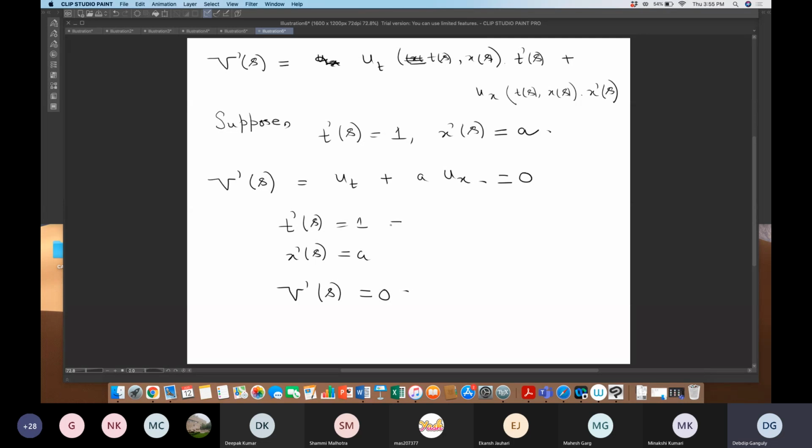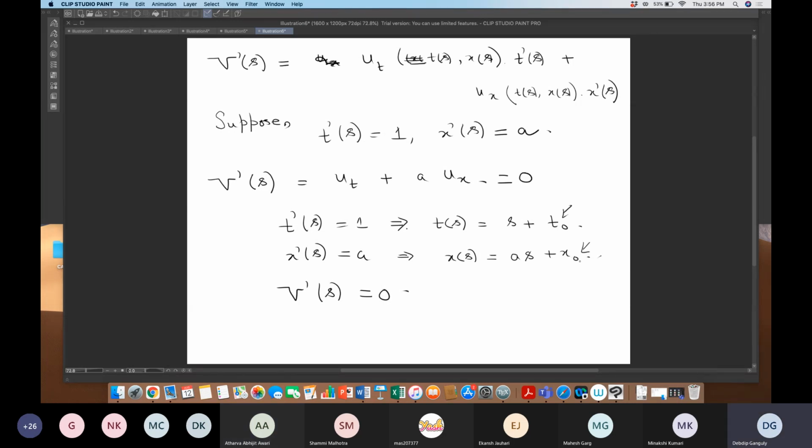T prime of S equal to 1 means T(S) looks like S plus T naught. Very good. X prime of S equal to A means X(S) looks like AS plus X naught, let's say.